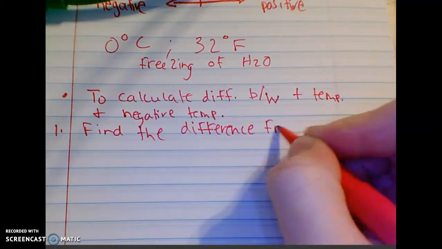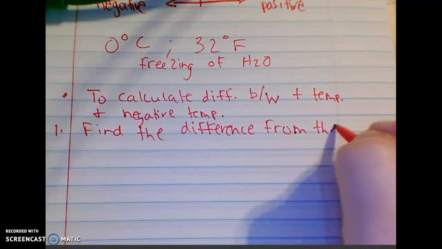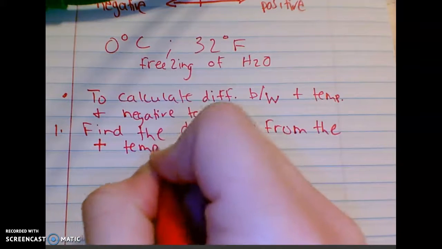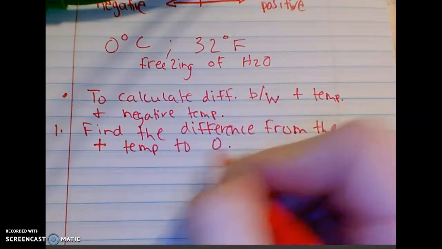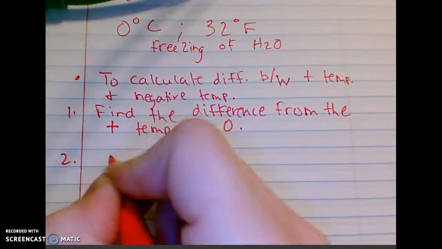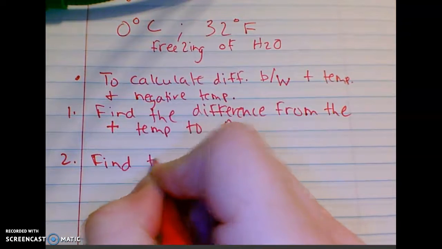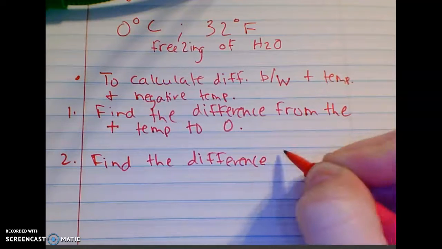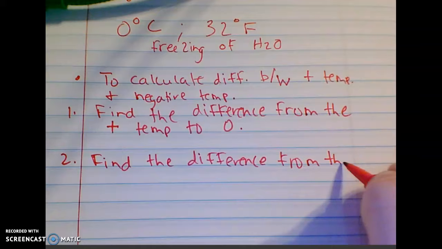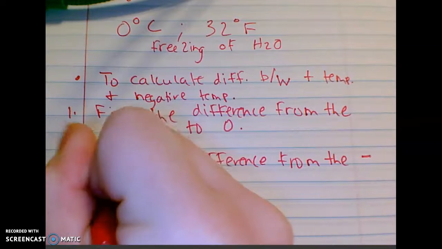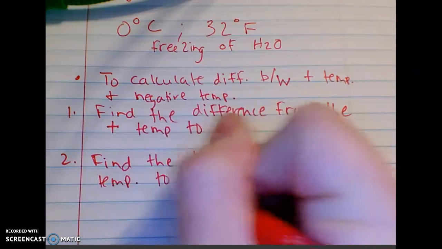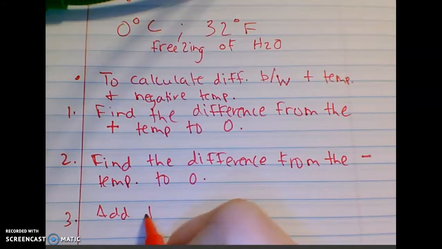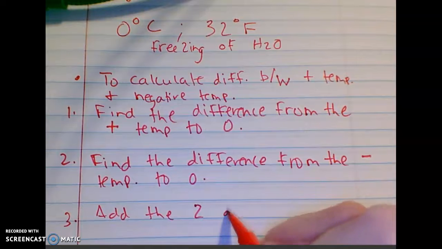Find the difference from the positive, and I'll indicate that with a plus sign, positive temp to 0. Second step, find the difference from the negative, and I'll indicate that with the minus symbol, from the negative temperature to 0. And then our third step is add the 2 differences together.